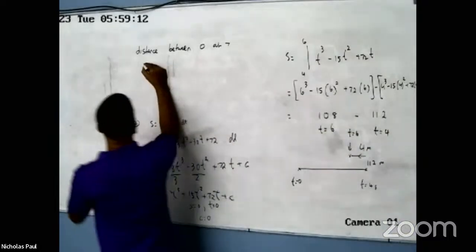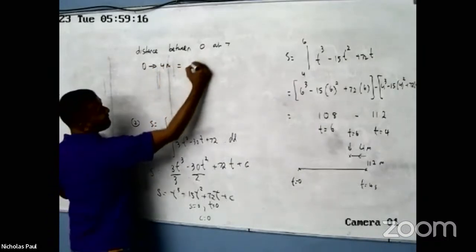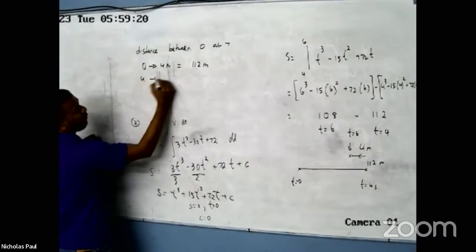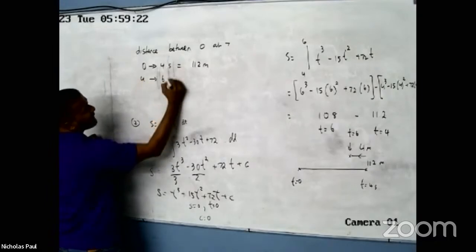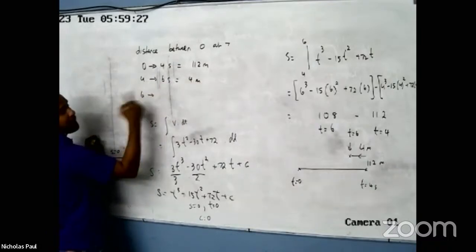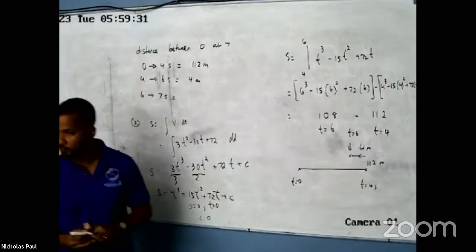So from 0 to 4 seconds, the distance traveled is 112 meters. From 4 to 6 seconds, he traveled 4 meters. Now we need to know from 6 to 7 seconds how far he traveled.